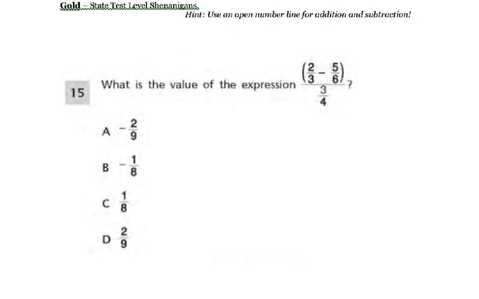Alright, so this is a division of fraction problem, but first, notice that we have parentheses. Following the order of operations, you always start with the parentheses. So that means before we do anything else, we got to do this. Okay, so let's start with that. 2/3 minus 5/6.